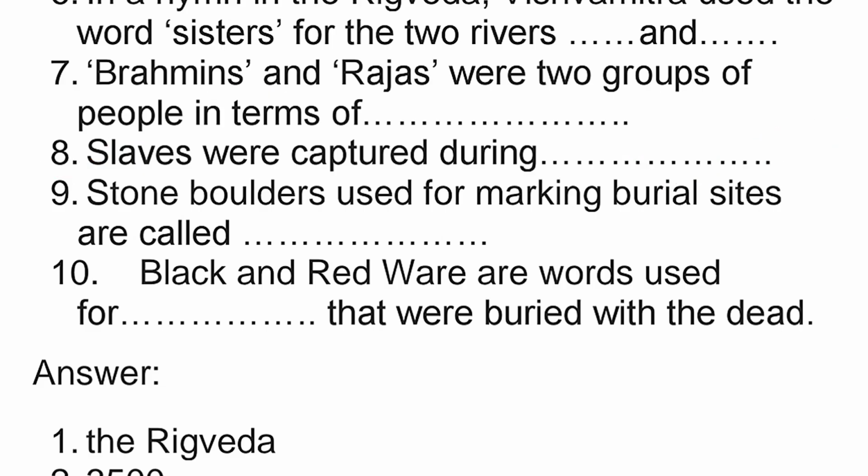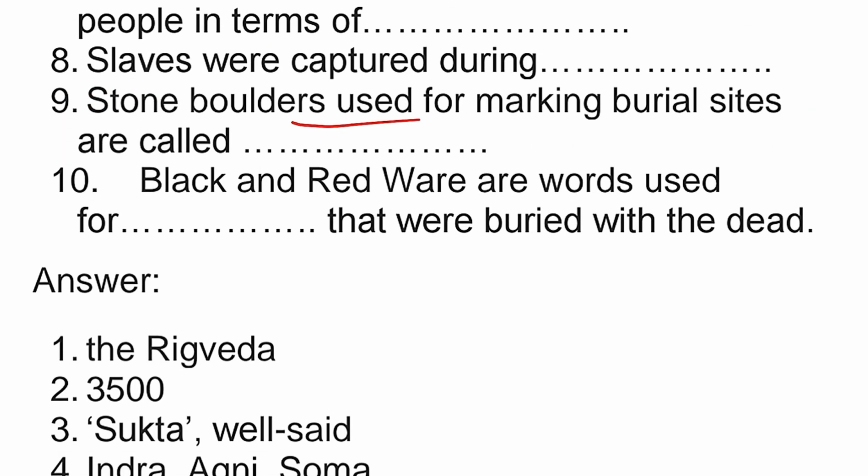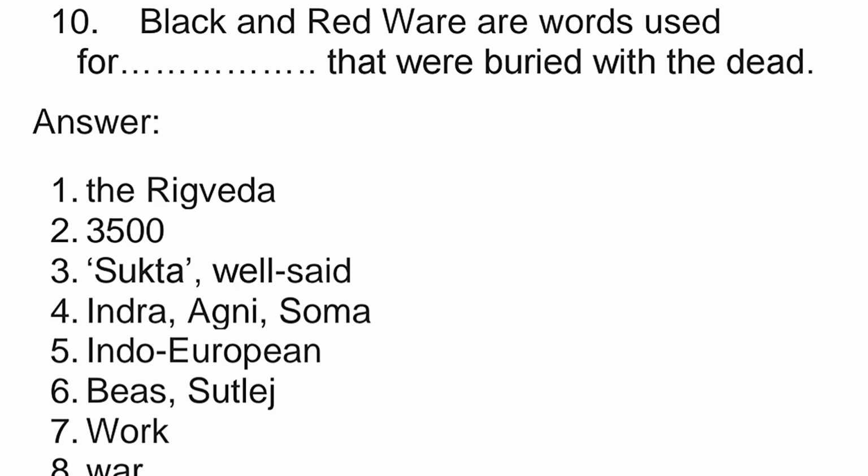Next question, 9 is, stone borders used for marking burial sites are called... Next question number 10 is, black and red ware are the words used for... Right answer is megaliths, that were buried with the dead.